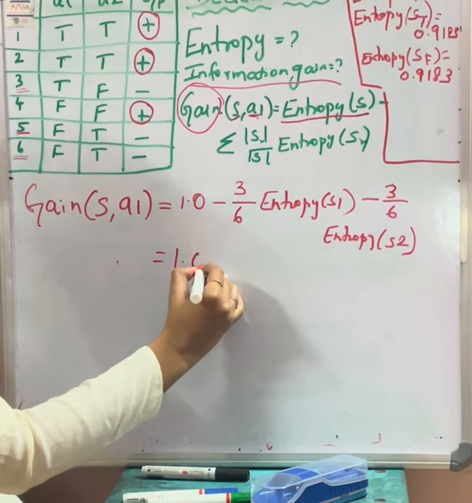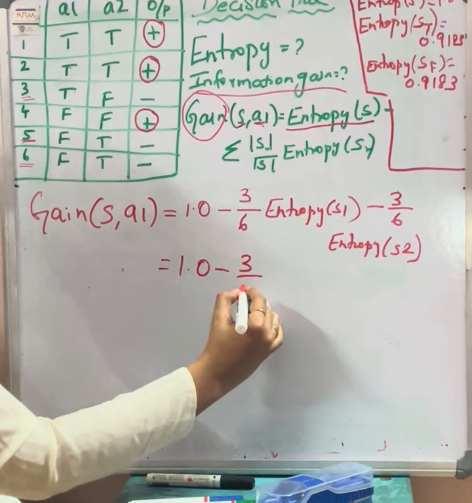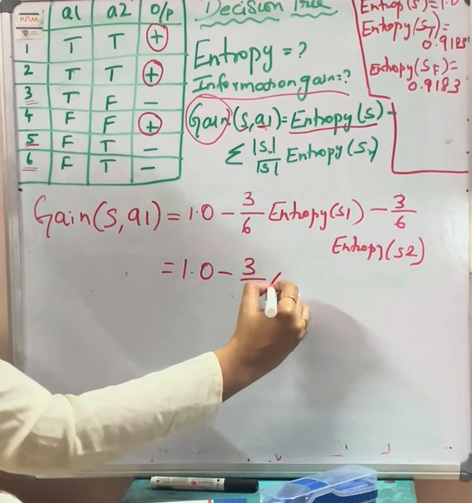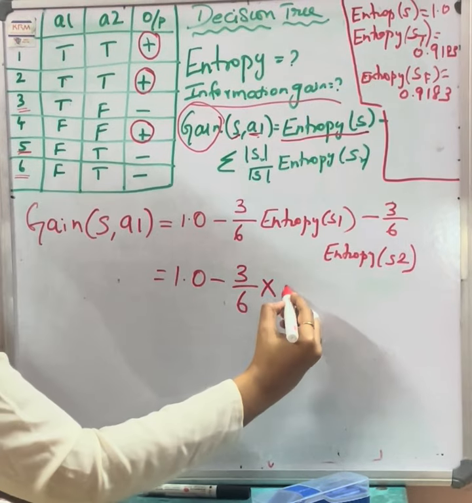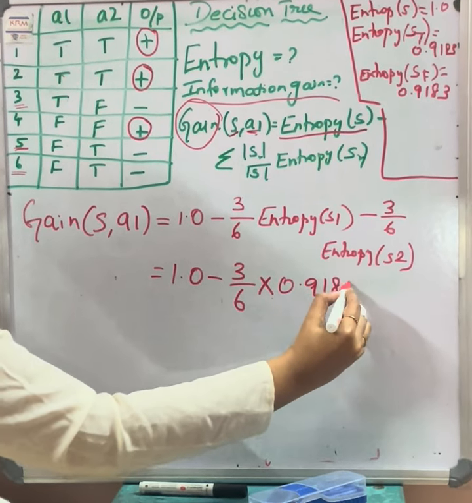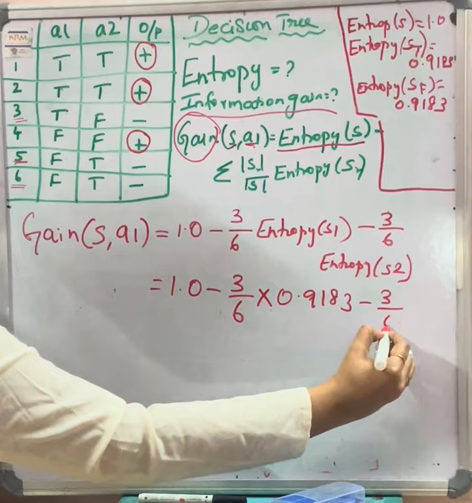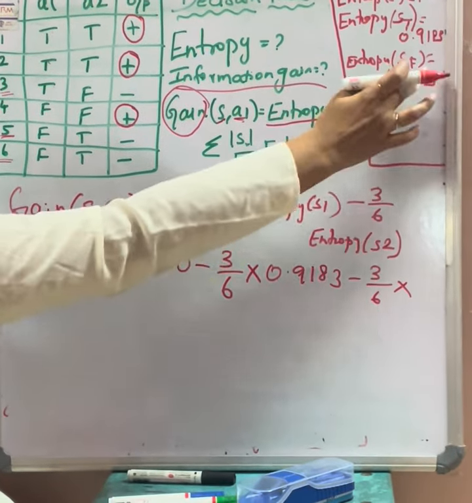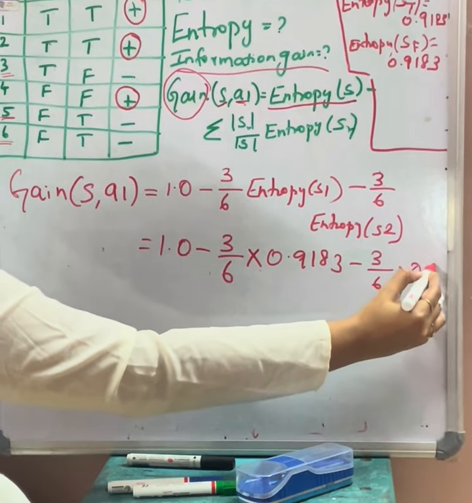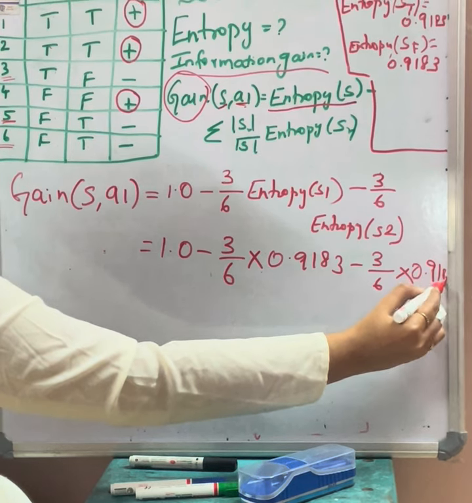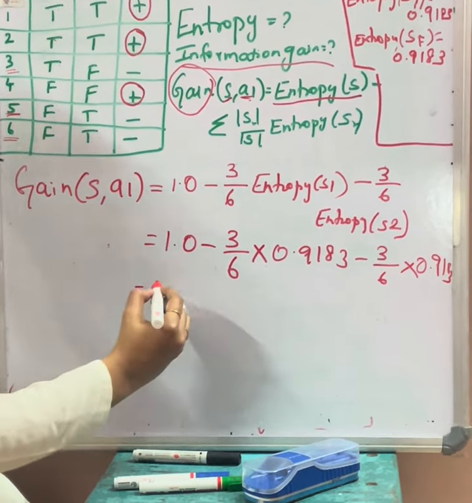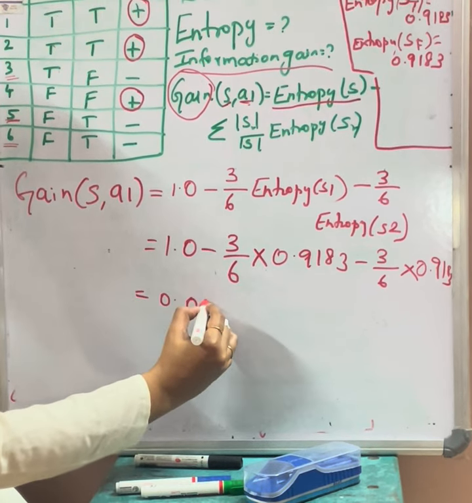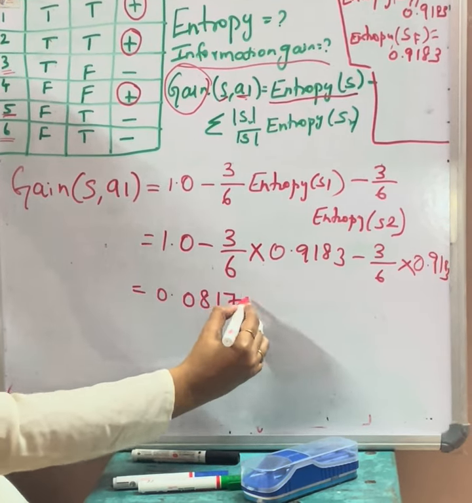So this can be calculated as 1.0 minus 3/6 into entropy of ST. ST is nothing but 0.9183, minus 3/6 into the entropy of S false, which is 0.9183. If I calculate this value, then we will obviously get 0.0817.